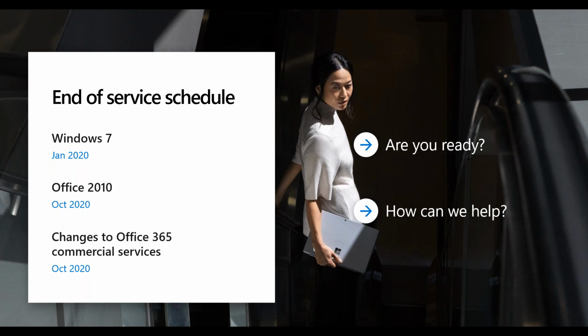Although technically it may work when you use Office 2010 with Office 365 after that October 2020 date, they'll have to update their online terms and commercial service offerings to say that once it moves out of extended support, they can't guarantee the service they're going to give you with Office 2010 and Office 365. So if you're using it with any of the services in Office 365, they can't guarantee that the service or the features you're going to get are going to be compatible.